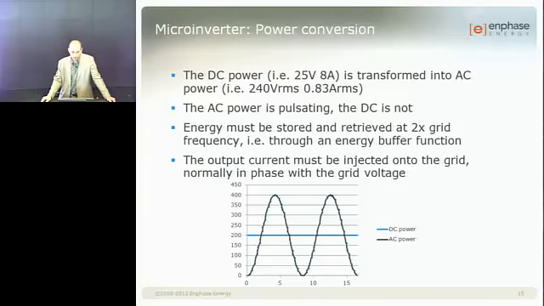So that's a function that's inherent to any DC to AC converter, or for that matter, any AC to DC converter on single phase. It's interesting to see that three-phase devices, not only don't they have a return line, they also don't have that problem, because if you look at the sum of the power in all three phases, it adds up to a DC power. So you will not need to have this energy storage system in a three-phase inverter.